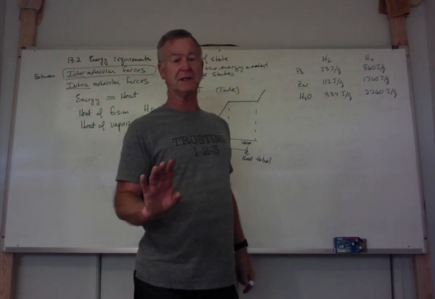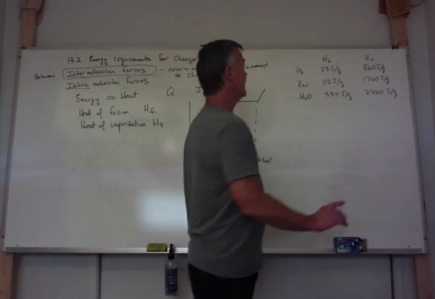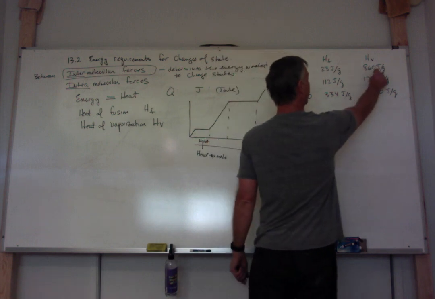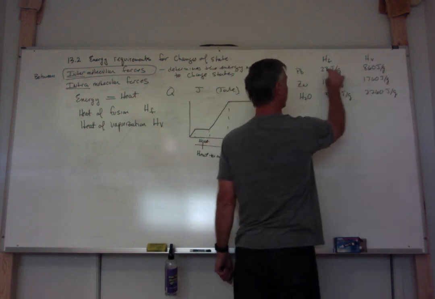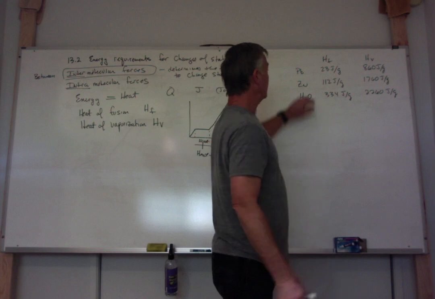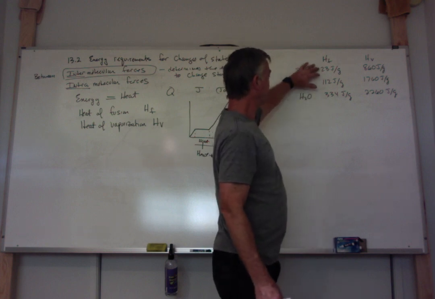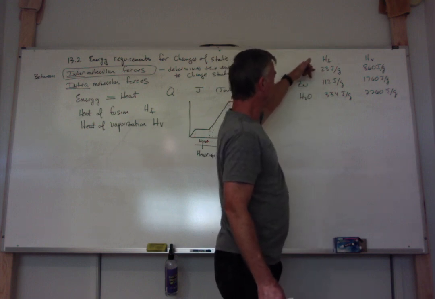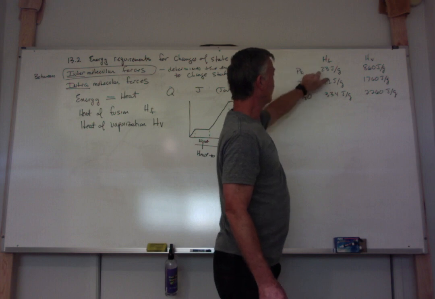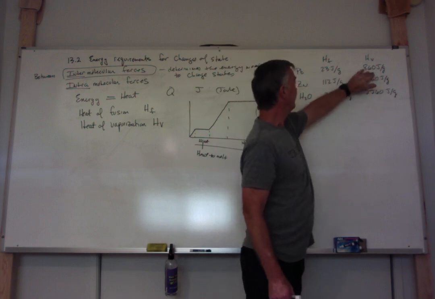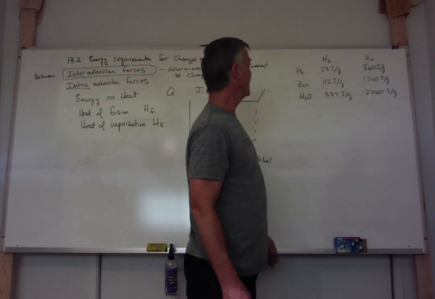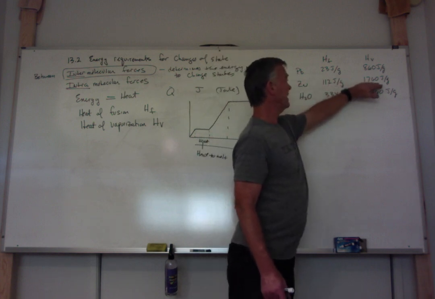But I do want you to look at something kind of interesting. And that is that the heat of vaporization is much greater than the heat of fusion. Heat of fusion is 23 and then 860. This is about 40 times larger. This is about 15 times larger.